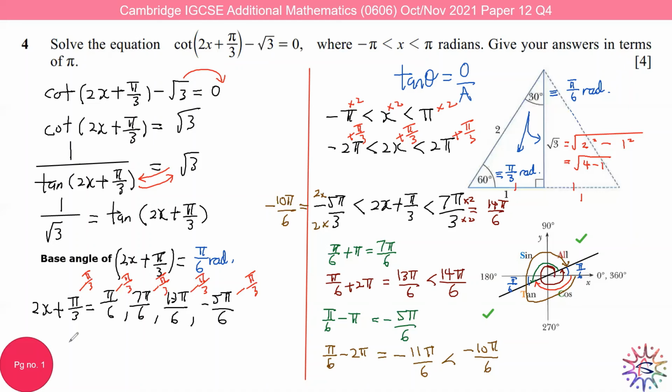So we will get 2x equals to negative pi over 6, 5 pi over 6, 11 pi over 6, and negative 7 pi over 6.